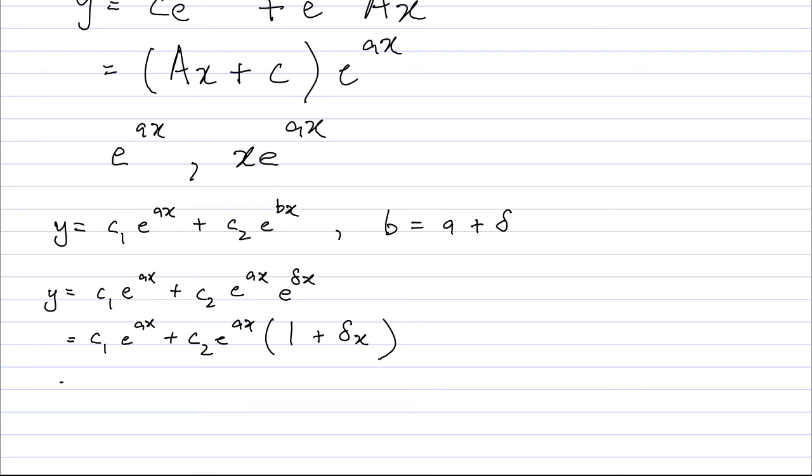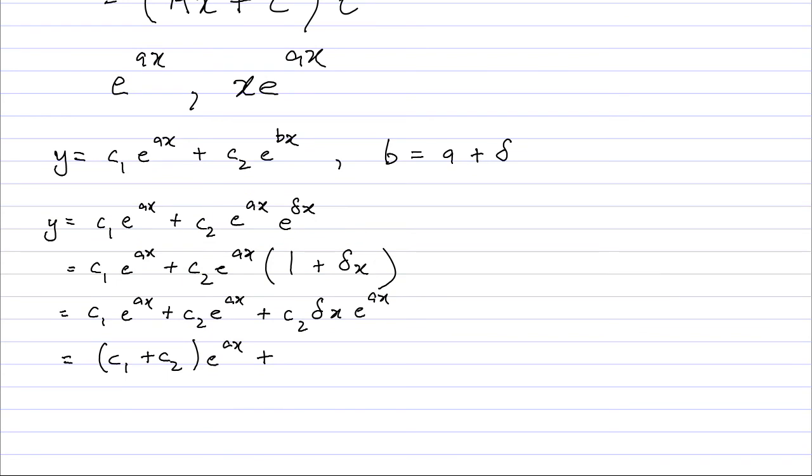And then I can write c1 e raised to power ax plus c2 e raised to power ax plus c2 times delta times x times e raised to power ax, okay. So I can write this as c1 plus c2 times e raised to power ax plus c2 delta times x e raised to power ax.